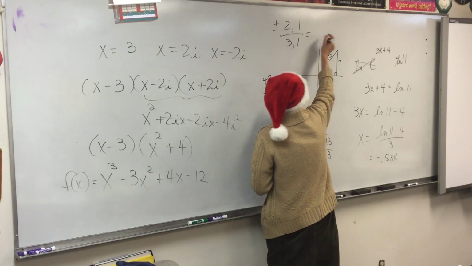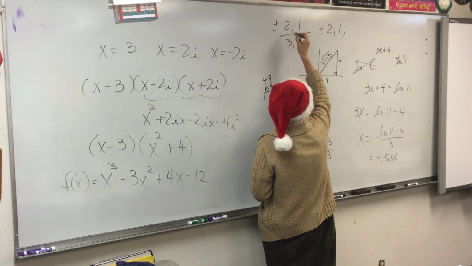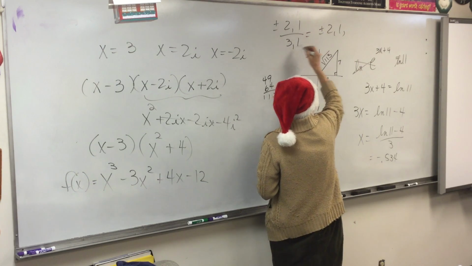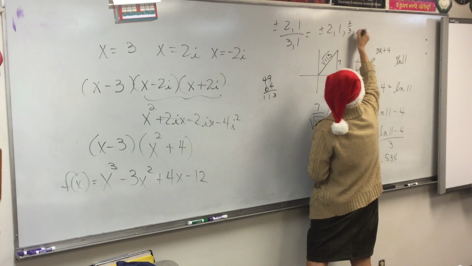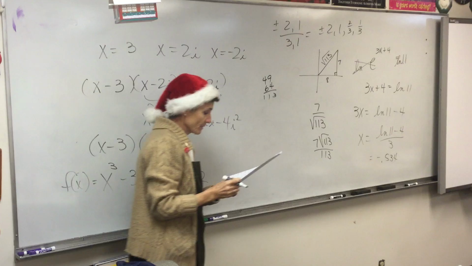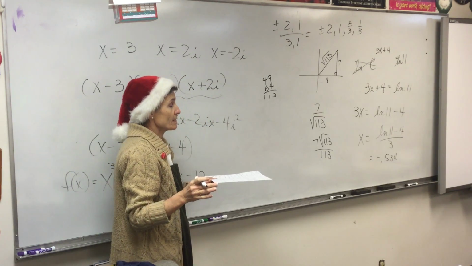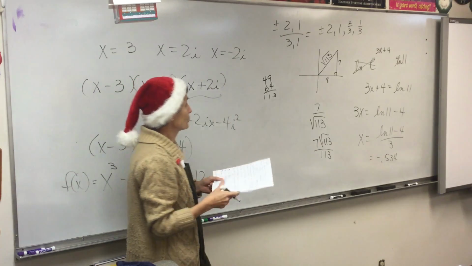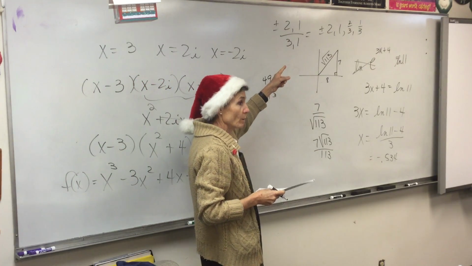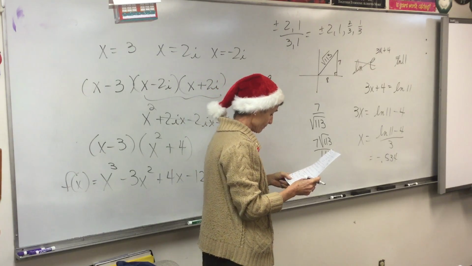So if we're listing those, it would be 2 and 1 for sure, but then what else? 2/3 and 1/3. There are the possible rational roots. All you had to do in this problem was list them. If you had to actually find the roots, those are the numbers you start with, and try to plug them in and get 0.